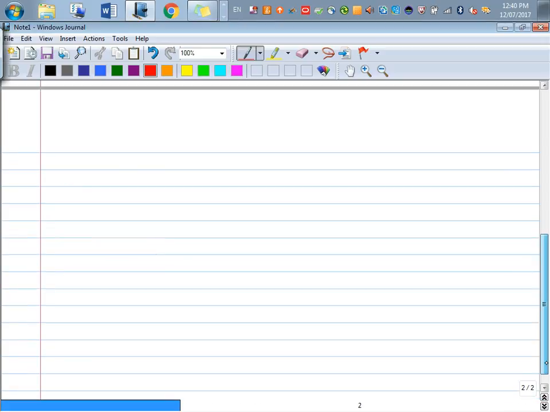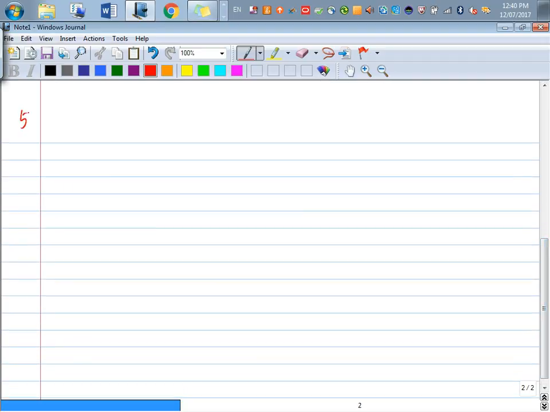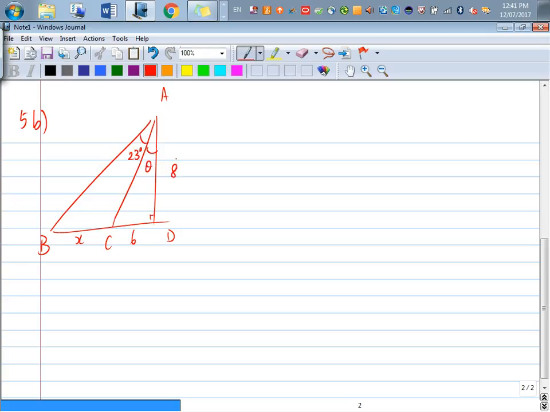Next, I want to talk about question 5b. Find the unknown marked sides and the angle in the following diagram. So we have this diagram over here. This is a right angle triangle, A, D, B. Okay.